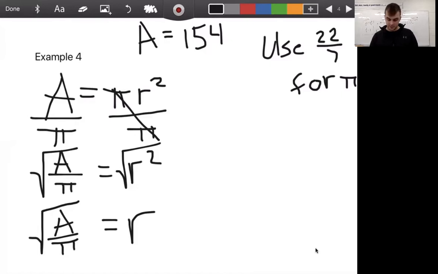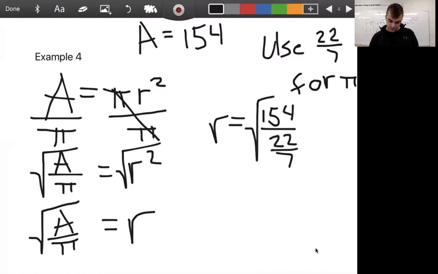So let's write this formula out. The radius is equal to the area, which is 154, divided by pi, which is 22 over 7, and that whole thing is square rooted. Now I'm going to rewrite this because whenever you have a fraction and you're dividing, you do keep, change, flip.